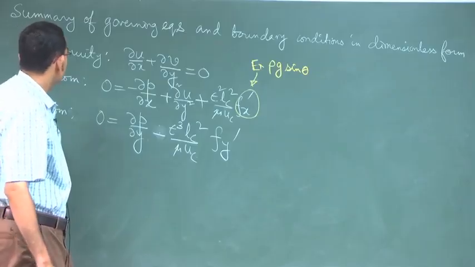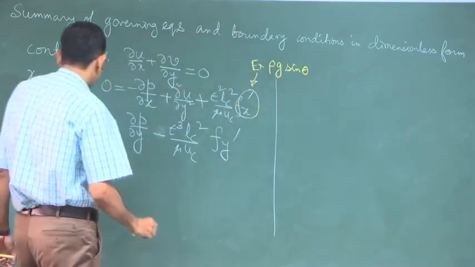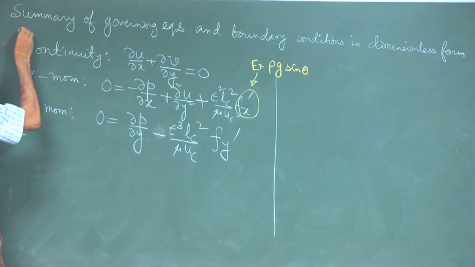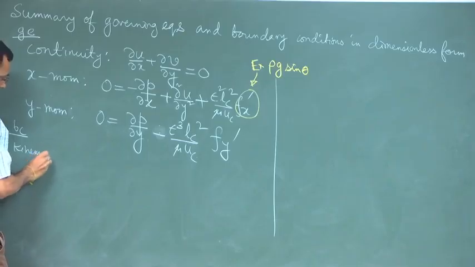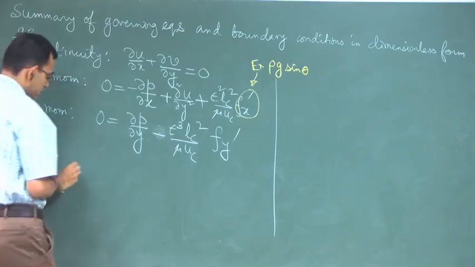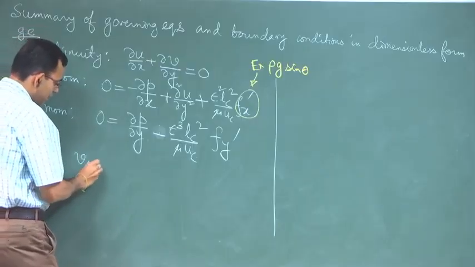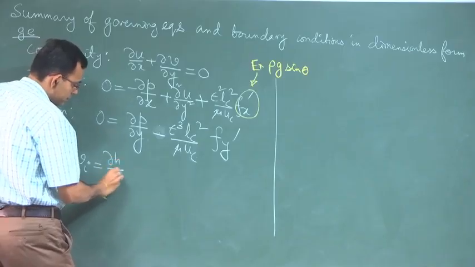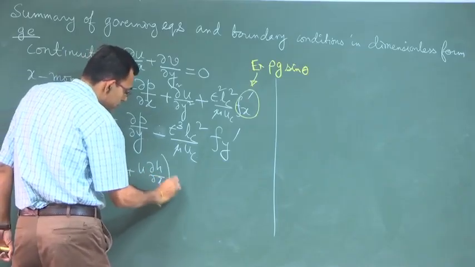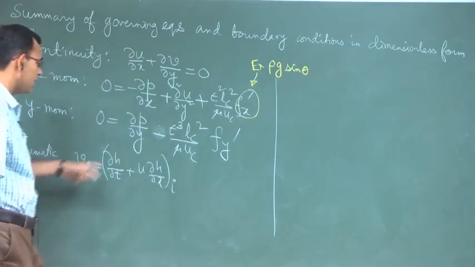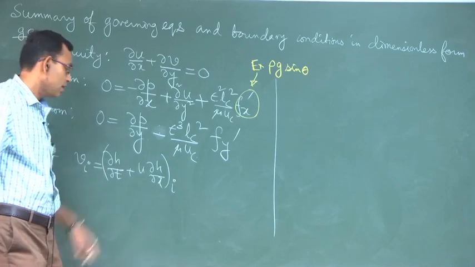So, this is the governing equation and boundary conditions. Kinematic boundary condition: V at the interface is equal to del H del T plus U del H del X, right. Okay.